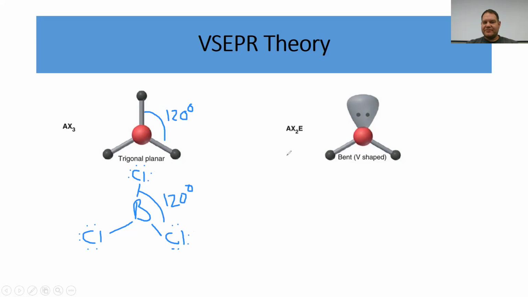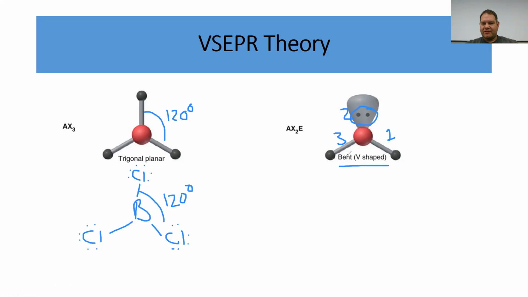So let's go to the second one. Now, the second one also has three domains. One domain, the lone pair is now a domain, and the third domain. So we have three domains, but it has a different shape. Why? Well, it's because of those lone pairs. Remember, those lone pairs require more space. So it's going to push these two bonding pairs closer to each other.